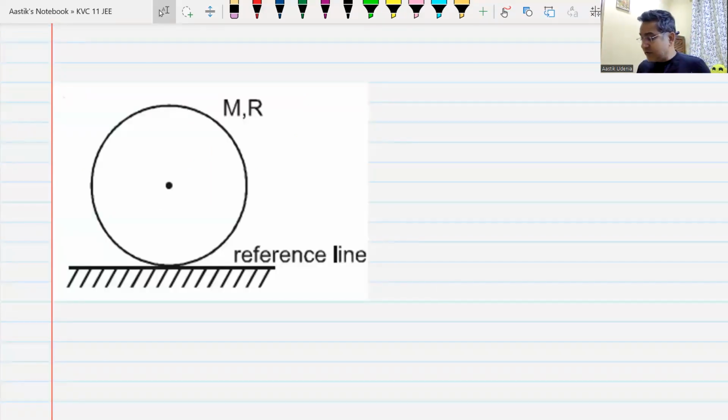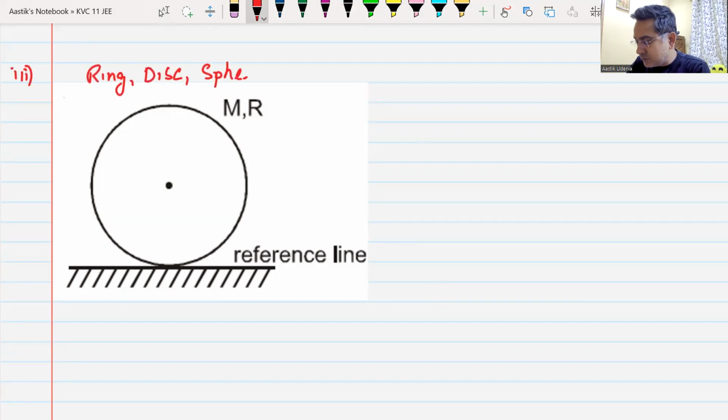Then we move on to the third type of diagram. This could be a ring, a disc, a sphere, or a cylinder, with mass m and radius r.